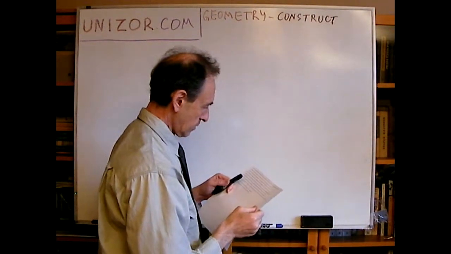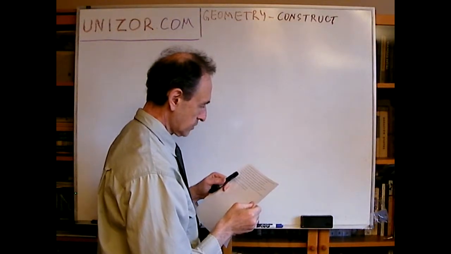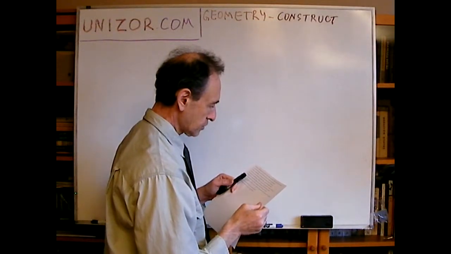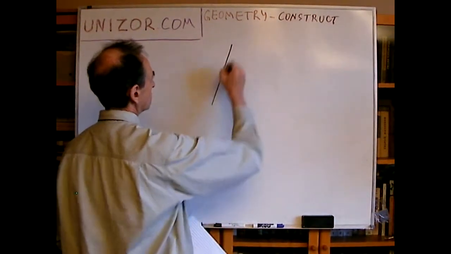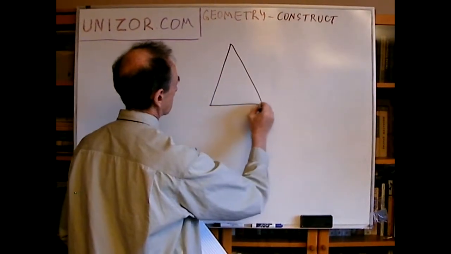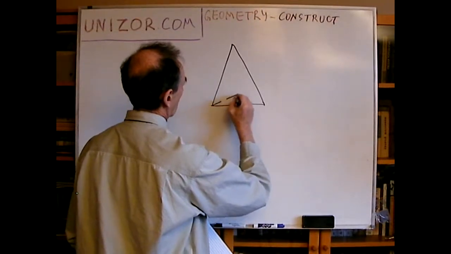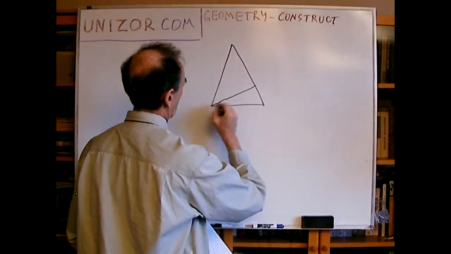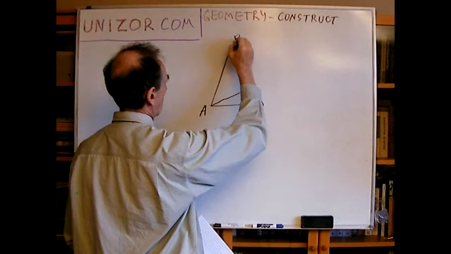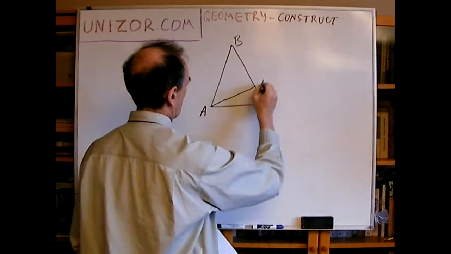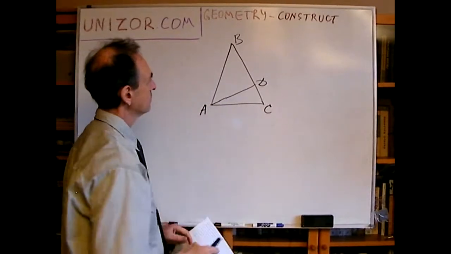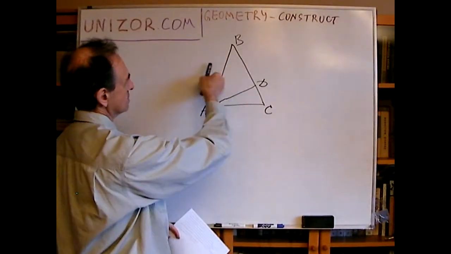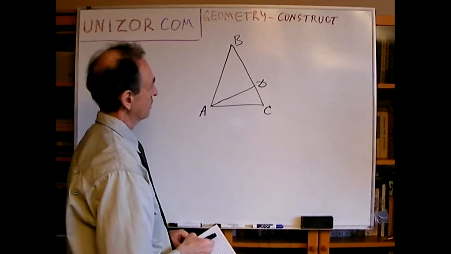Construct an isosceles triangle by a base and altitude towards one of two congruent sides. Aha. That's slightly different. So we have an isosceles triangle. So we have a base, AC. These two sides are equal, congruent to each other.